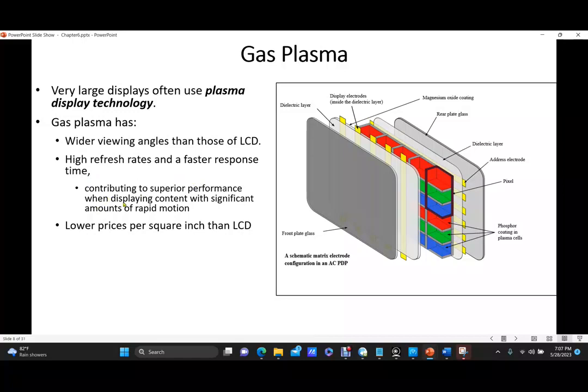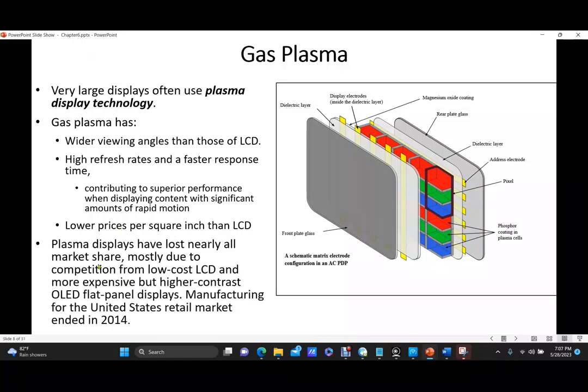This contributes to superior performance when displaying content with significant amounts of rapid movement. They also have lower prices per square inch than LCDs, which makes them useful for large displays.